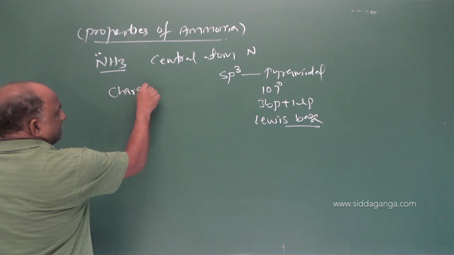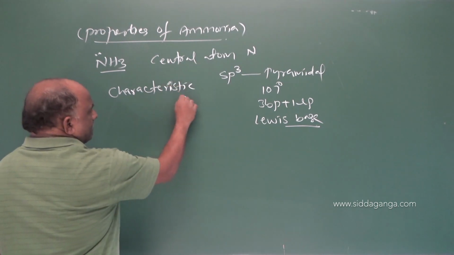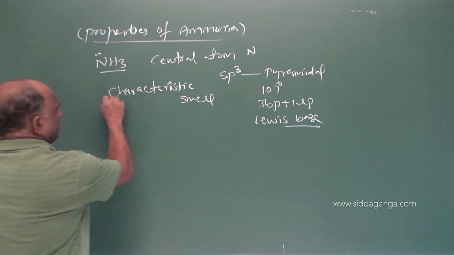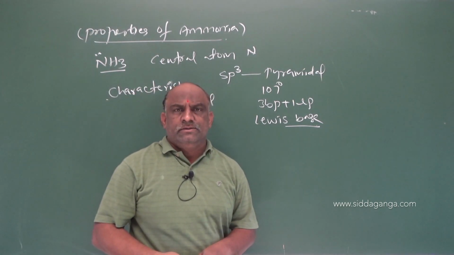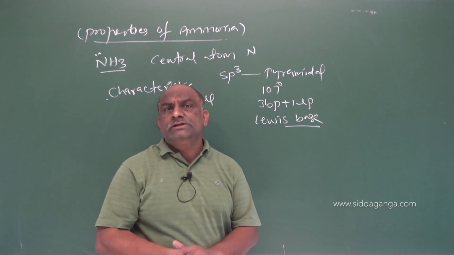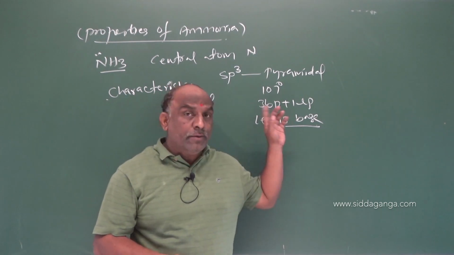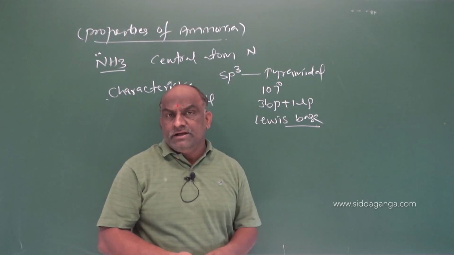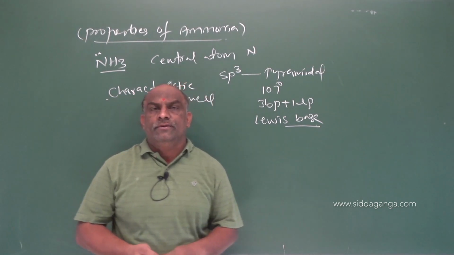It has a characteristic smell. Characteristic smell means pungent smell. It is a pungent odor, very important, and students already know the odor of ammonia gas or ammonium hydroxide, familiar in the laboratory.